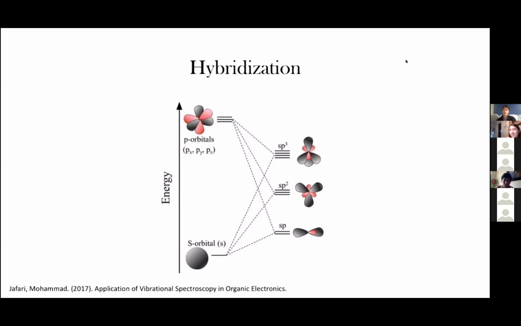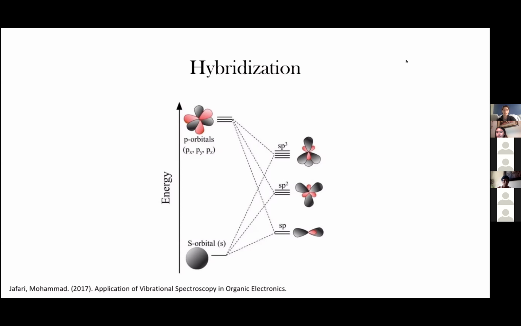So as the ratio gets smaller, right? So we have, say, 50-50 when we get to sp, that means you're going to have 50% s character and 50% p character. And because the s orbitals are lower in energy than the p orbitals, hybrid orbitals with more s character are going to be lower in energy.